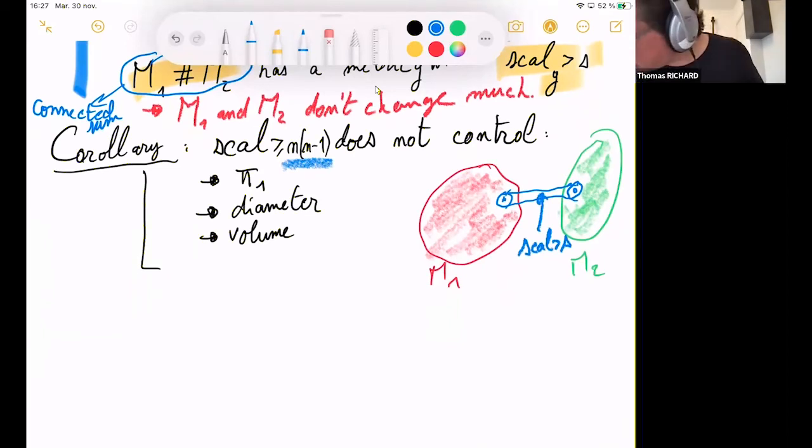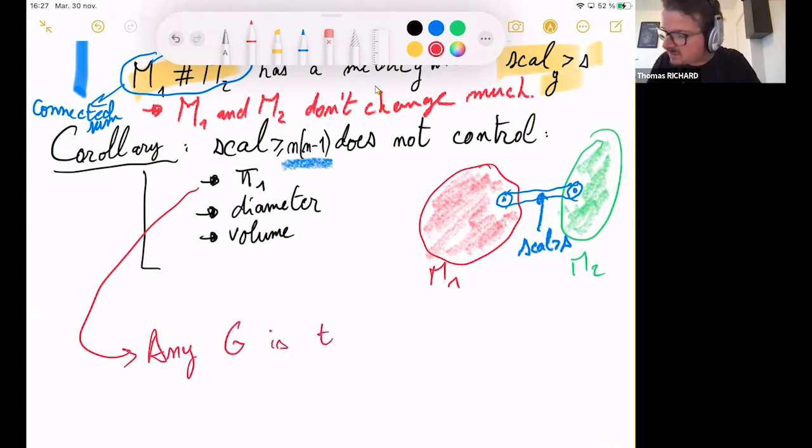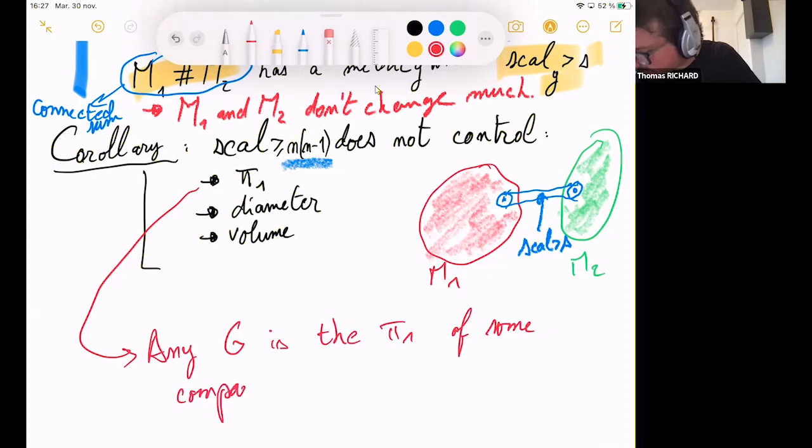For pi1, you can see that in this way. There's a result by a topologist which says any group G, finitely presented, is actually the pi1 of some compact manifold of dimension 4.